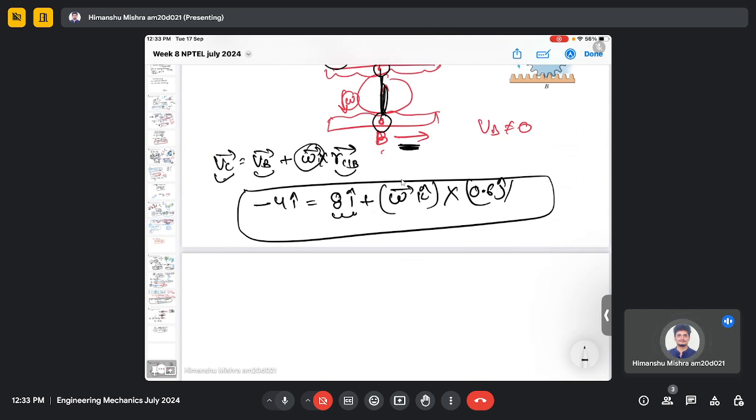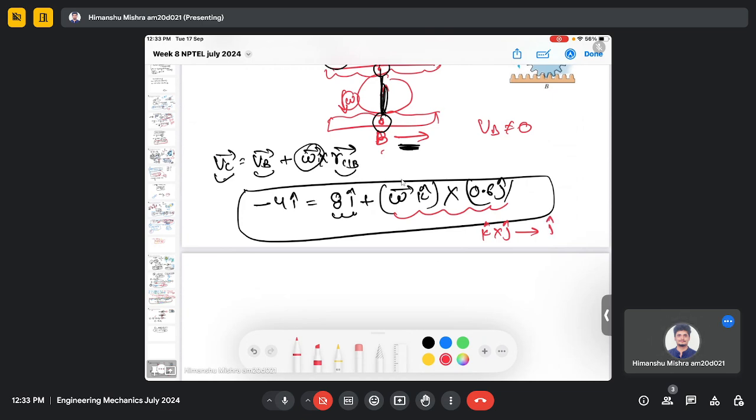Here you can see that there is no y component, because this is the cross product of the k component with the j component, and it will give you a quantity in the x direction. So this whole quantity is in the x direction, and you write it down in the i cap. All the terms are in the x direction, so there are no terms in the y direction.